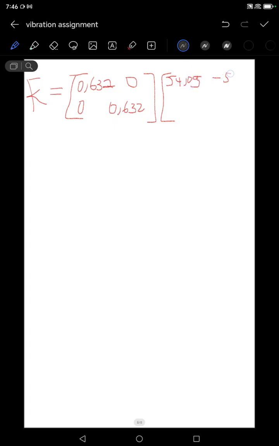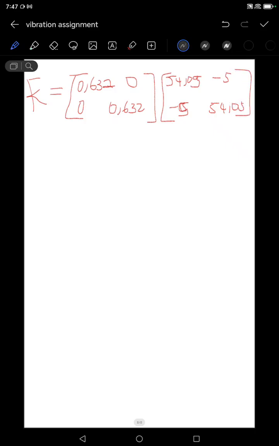So this is what we have on the other side. We have 0.632 and then 0. We have 0, we have 0.632, and then we have 54.05. We have minus 5. We have minus 5. We have 54.05.